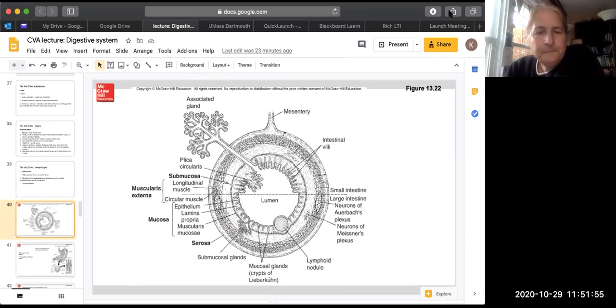There are also the crypts of Lieberkühn right at the base of the villi. So we've got lots of the features shown in this one image.